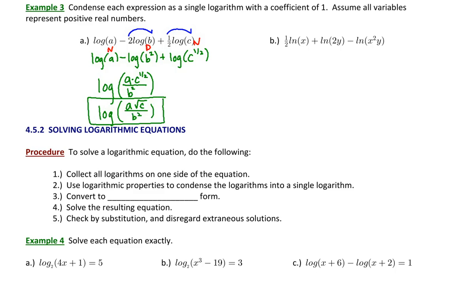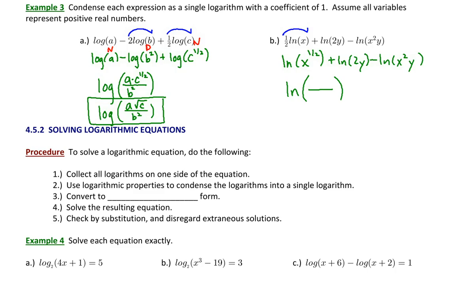For our last example, we're going to again start in the same place and move those coefficients to the exponent position. So I'm going to start by rewriting that first term as natural log of x to the 1/2. And I don't see any necessary changes for the other two logarithms. Now we want to condense this into a single logarithm with one argument.